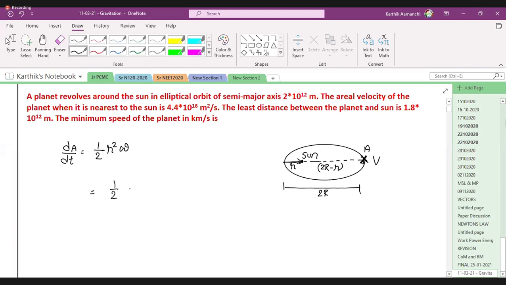So this I will take as half (2r minus r) whole squared into omega, right? Yes, sir. So it is half (2r minus r) into (2r minus r) omega. This term, can I take it as velocity at A?